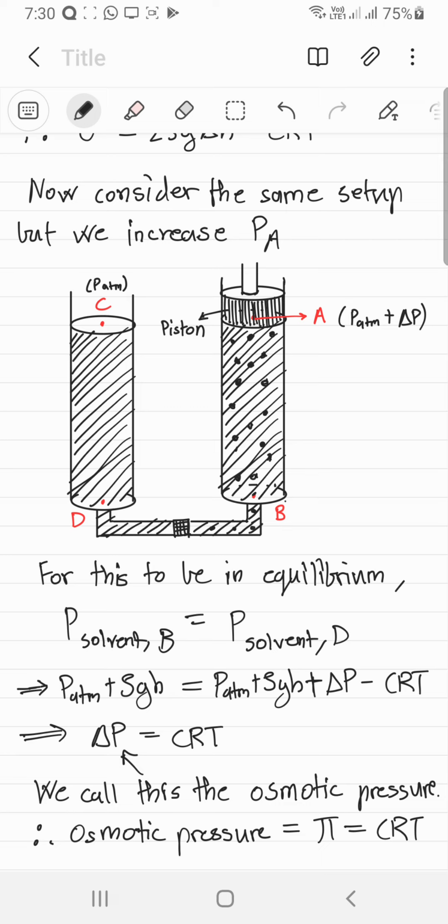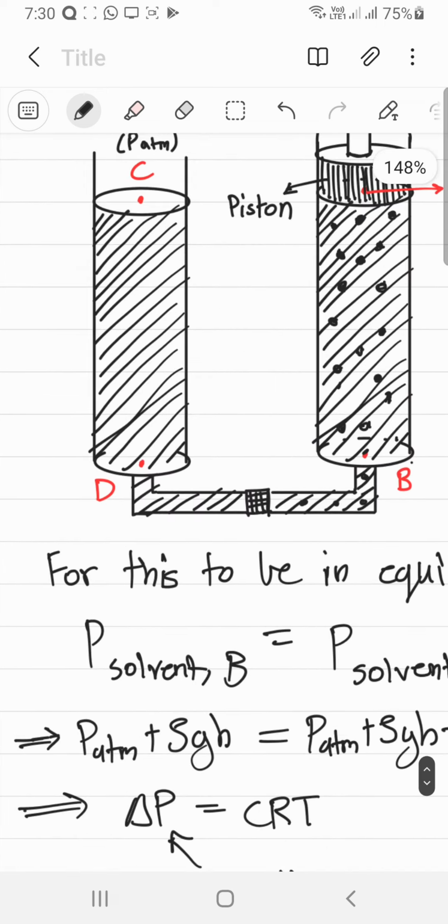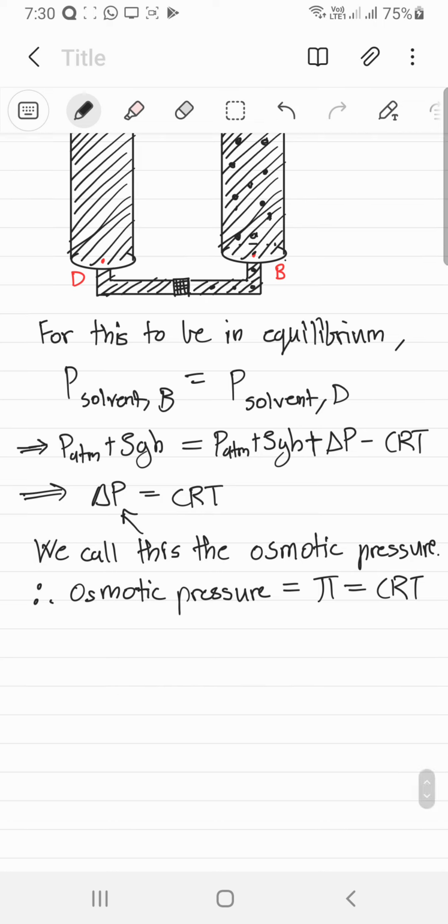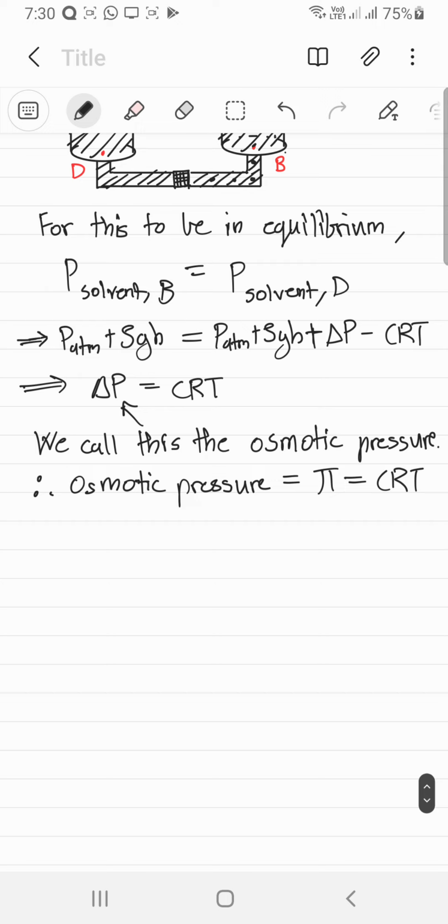By applying this extra pressure, you can make the pressure experienced by the water molecules on the right hand side container more, so that it would now be equal to the pressure experienced by the water molecules on the left side, and that will mean it is at equilibrium. That pressure turns out to be CRT as well. So the osmotic pressure is, as we called it before, pi, and it's basically CRT.